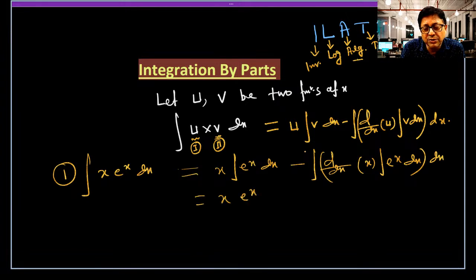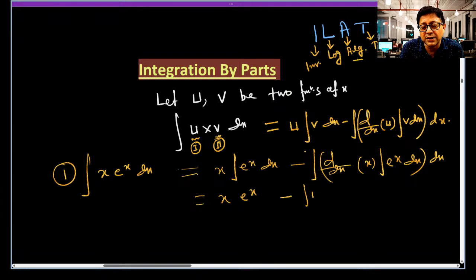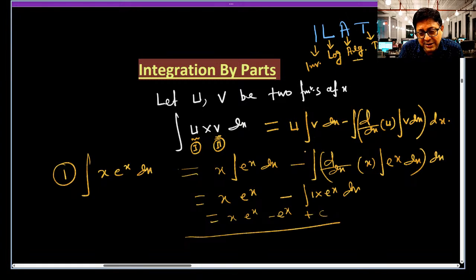It will be x e to the power x minus the integral of 1 into e to the power x dx. So this will be x e to the power x minus e to the power x plus a constant. This is the integration constant.